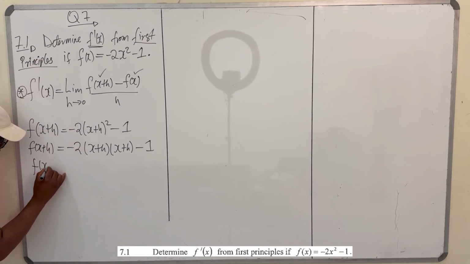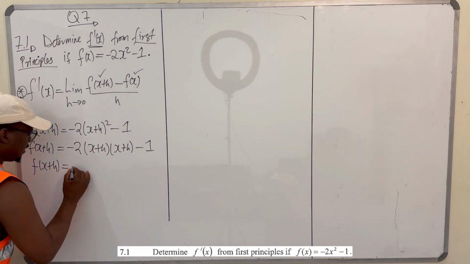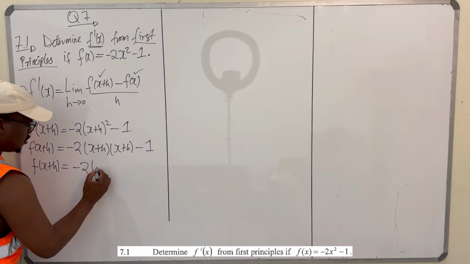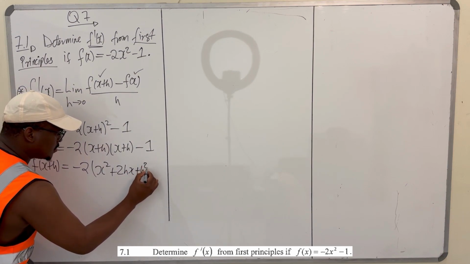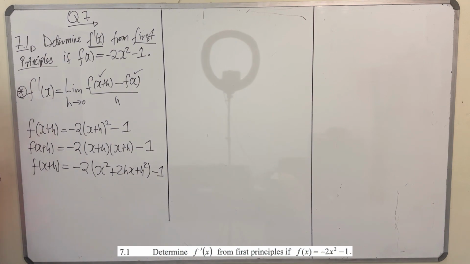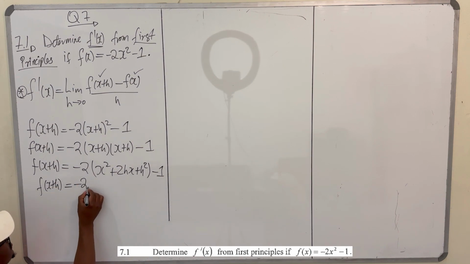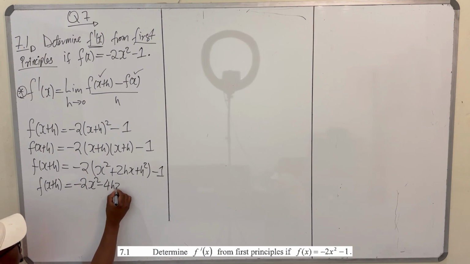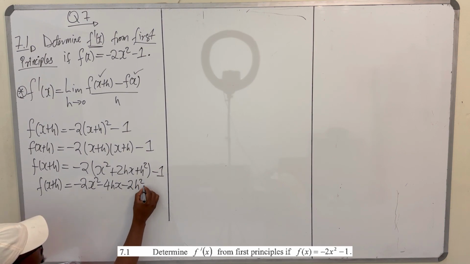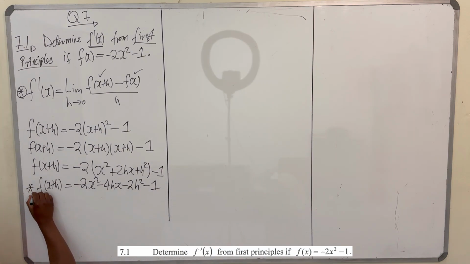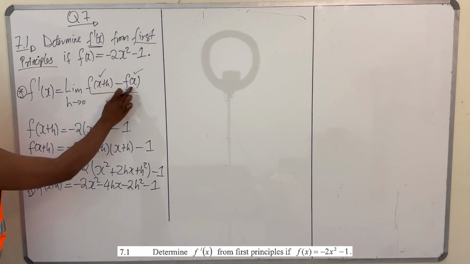So f of x plus h is equal to negative 2, multiply this out, so you have x squared plus 2hx plus h squared, minus 1. Then finally, we have f of x plus h equal to minus 2x squared minus 4hx minus 2h squared minus 1. So we do have f at x plus h, we do have f of x.